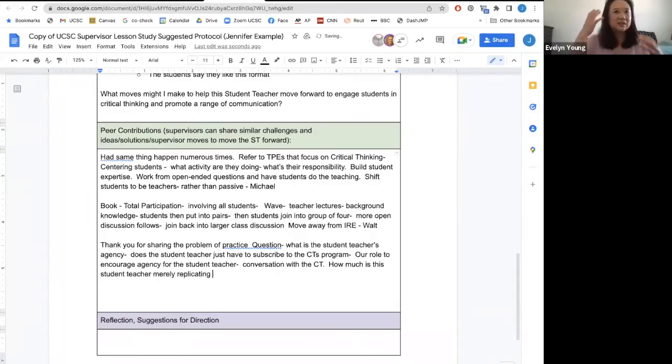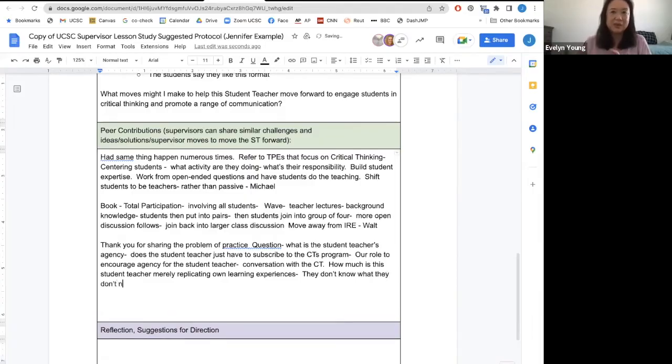And so there needs to be some kind of a mind shift as opposed to immediately giving the student a bunch of strategies that they can try. They don't know what they don't know. So there needs to be a whole lot of modeling in terms of, okay, there's a different way to do this lesson as opposed to just direct teaching.